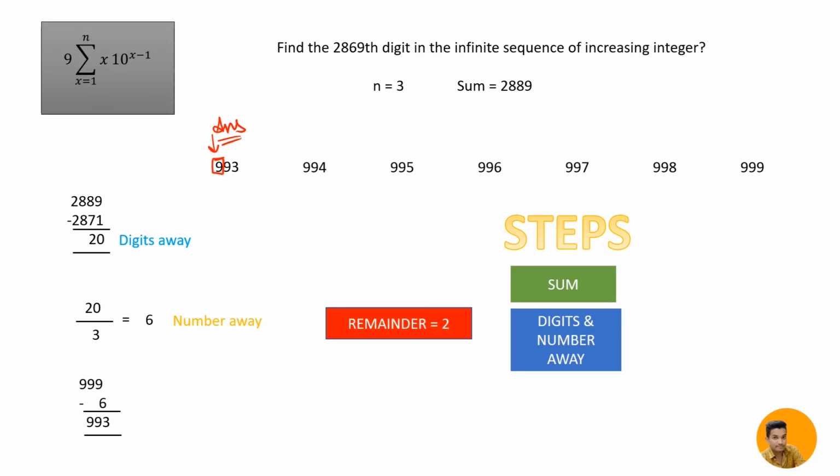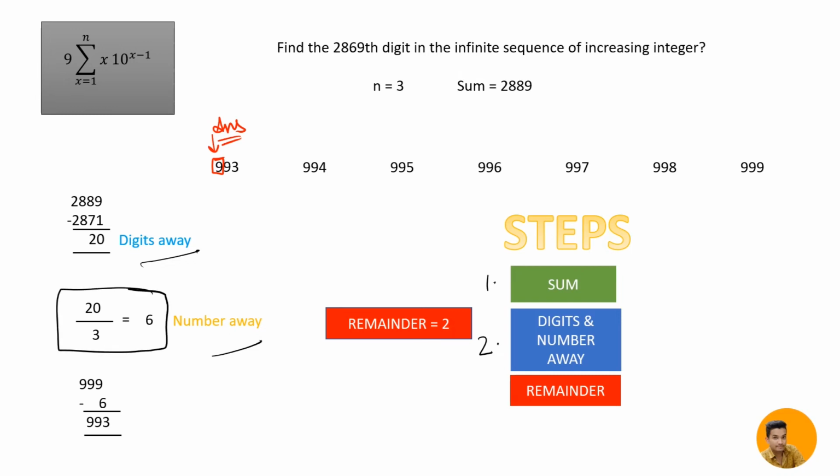In step 1 we found the sum. Then in step 2 we found the digits and numbers away. This is simple, we are just subtracting and dividing. Then in the third, you are tracking down the remainder. You have divided in the second step, and then you are noting the remainder. That is easy, I think. Then you calculate the number.